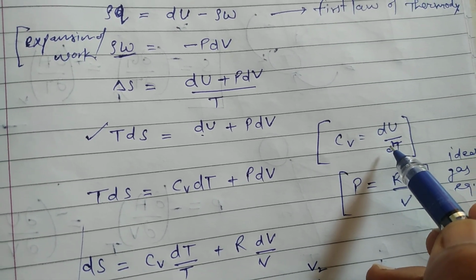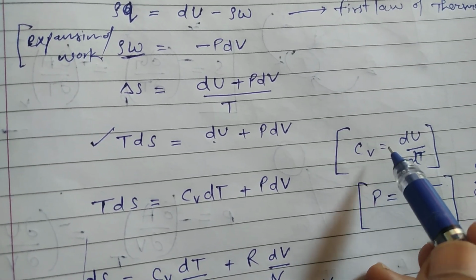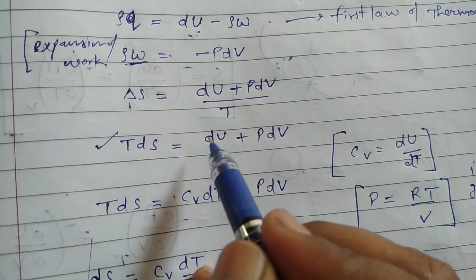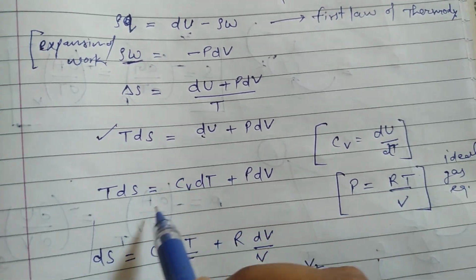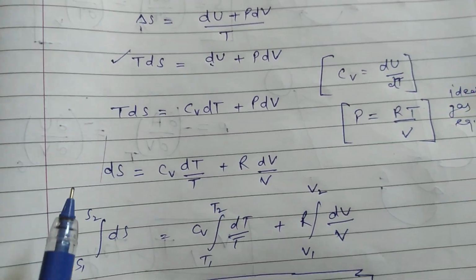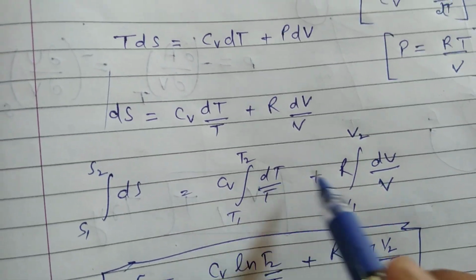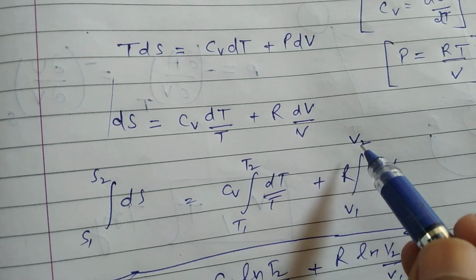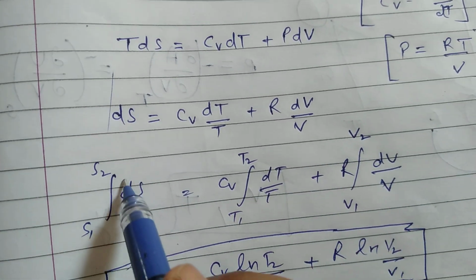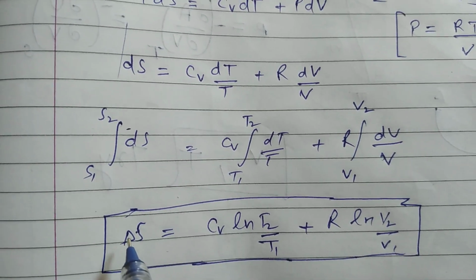When we put the value of internal energy in this equation, we get this equation. Now as we are changing our temperature from T1 to T2, and our volume from V1 to V2, on integration finally we will get these equations.